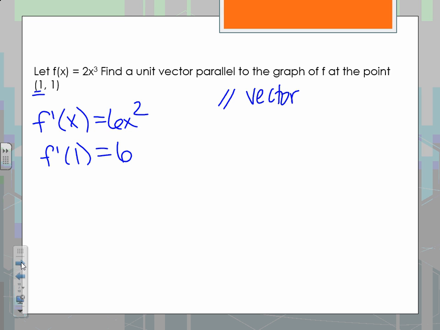How about 1, 6? Because you want rise over run, so the vertical would need to be 6 over the horizontal 1. So this is a vector parallel to it. However, we want a unit vector. So what do we need to multiply by?